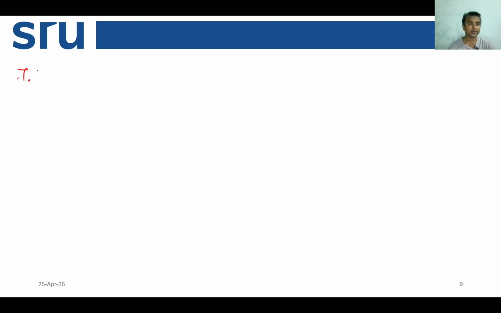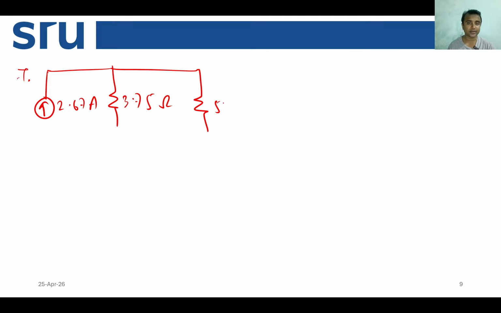So let us have the simpler circuit as 2.67 ampere current, then you have 3.75 ohm, and then you have the target resistance. So they are all connected in parallel. Now these two are connected in parallel, so you can convert this into a voltage source and a series resistance.